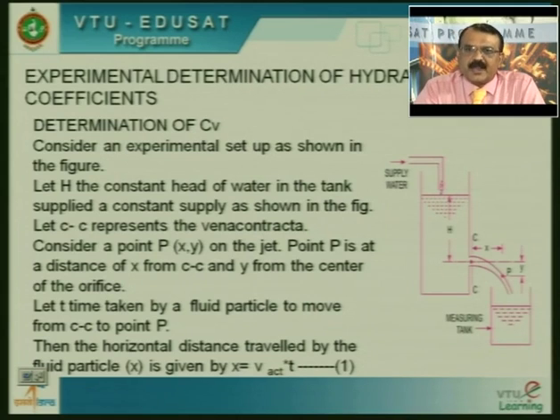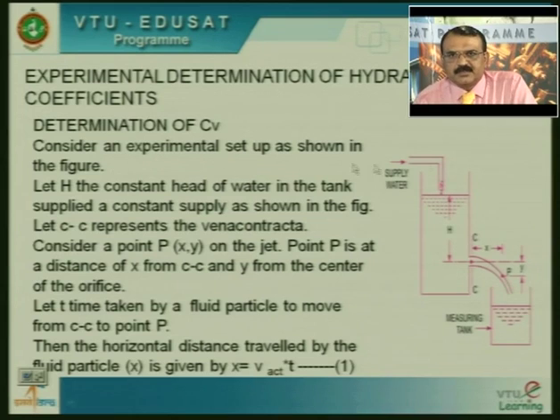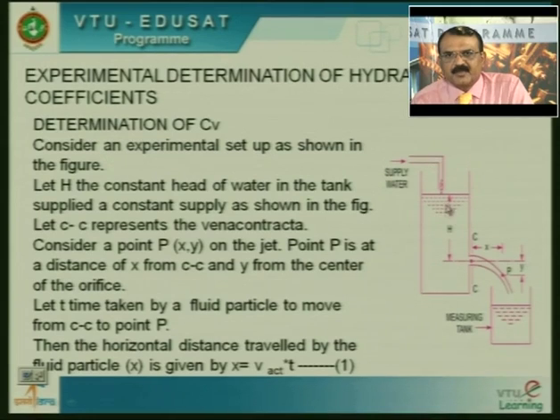Now, how to find the actual discharge? Look at this. There is a constant supply here, and the dotted line represents the center of the orifice. Using this constant supply of water, you maintain a constant head.